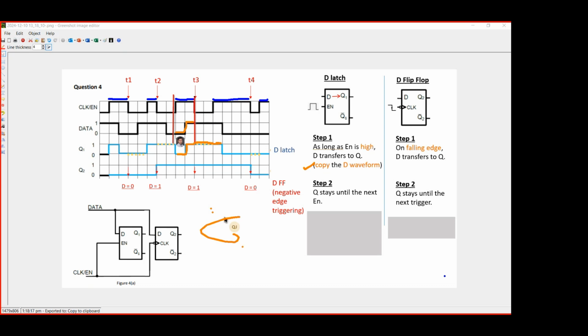Is it possible to erase it? Control Z or what? I don't know. Until here. Yeah. Good. Because now you are doing step two. Q stays until the next enable. Yeah, done already.